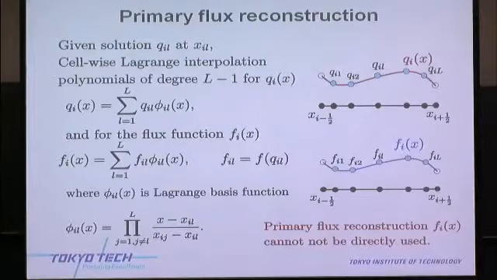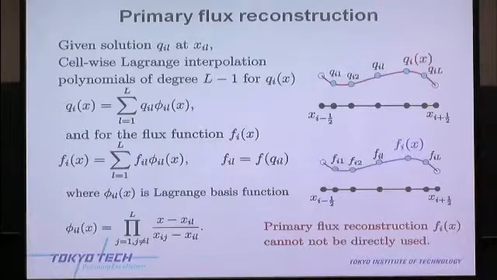Okay, so now I will go into more details about the procedure to devise this type of method. You are given the values at this grid point, this blue point, the solution point. And at first, from this information, you can construct a Lagrange interpolation function like this. Not only for Q, but also for F, the flux function. It's very easy.